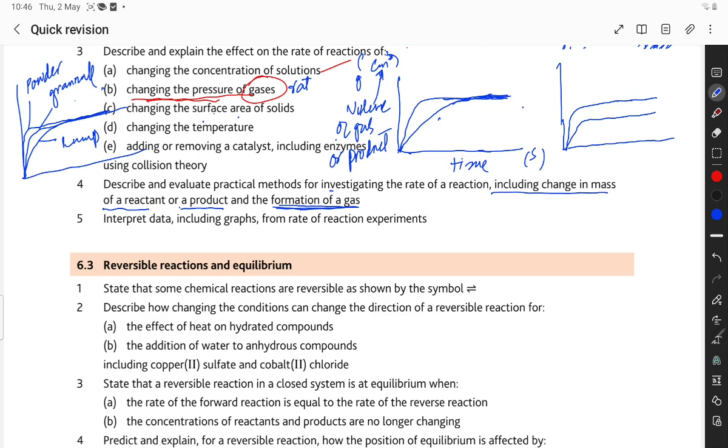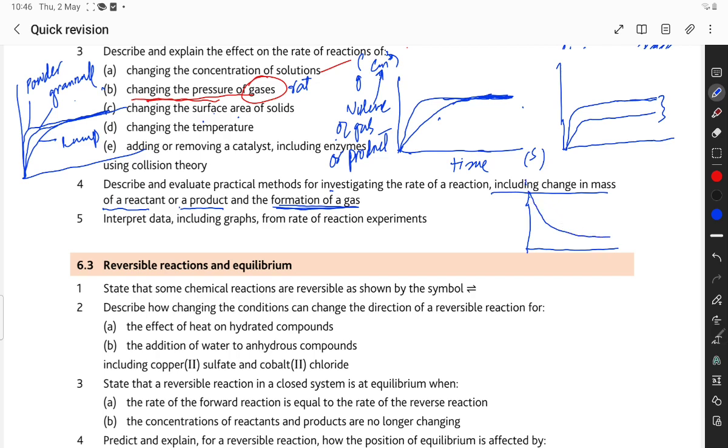Different moles are formed, but if you increase the excess reactant, then the graph is like this. This is the mass of product or volume of gas, and this is the reactant used.